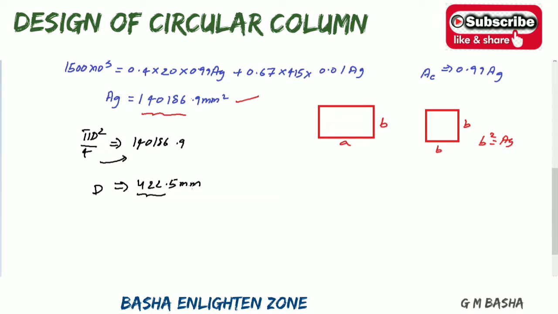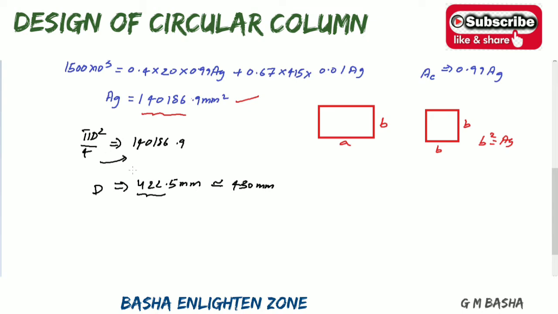Whatever value you get, it is not better to take it as it is. You can round off to any value which is very near to that one. Maybe 425 or 430, but keeping sizes in small increments is very difficult in practical consideration. Therefore we assume this will be approximately equal to 430. Don't round down to 420, below this value, because the value you are choosing should be above 420.